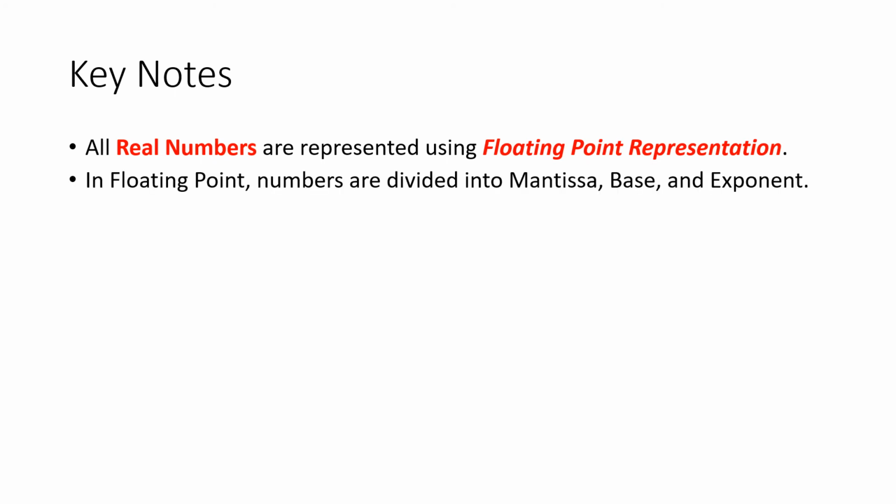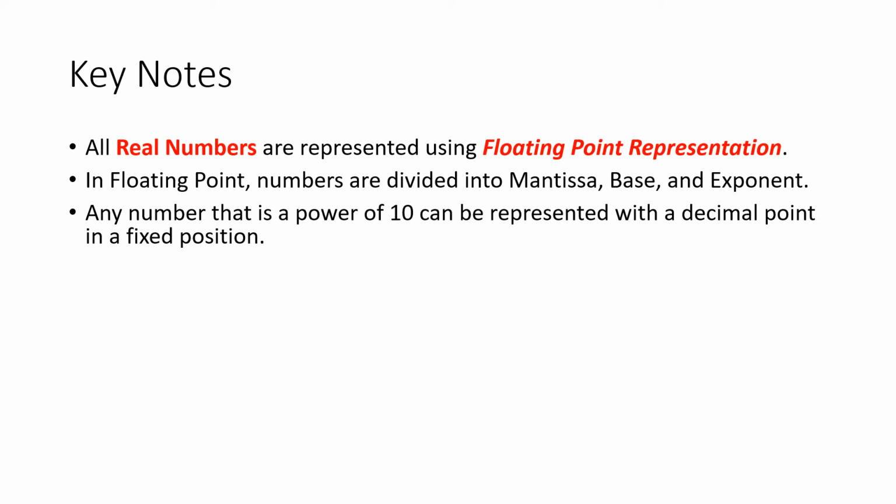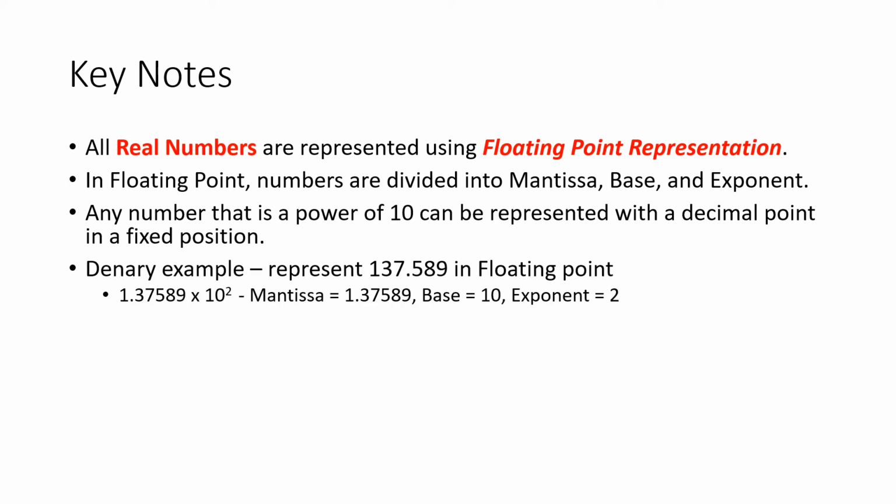In floating point, all numbers are broken up into 3 sections: the mantissa, the base, and the exponent. So any number that is a power of 10, in other words, any decimal number, can be represented with a decimal point in a fixed place. So we can move that around wherever we'd like.